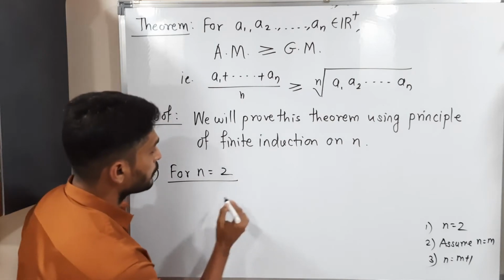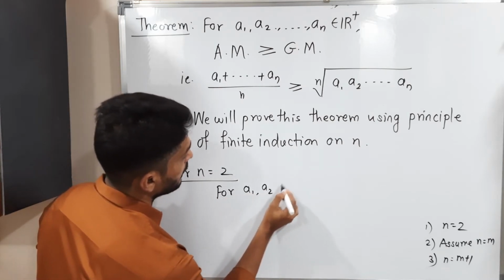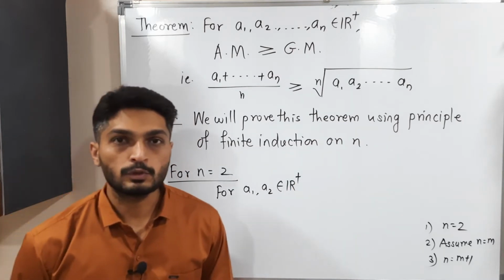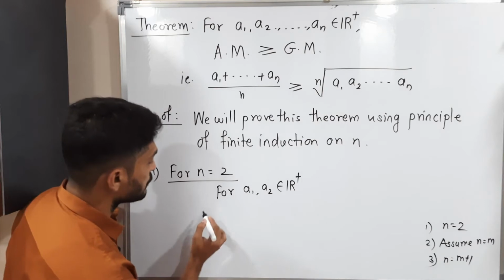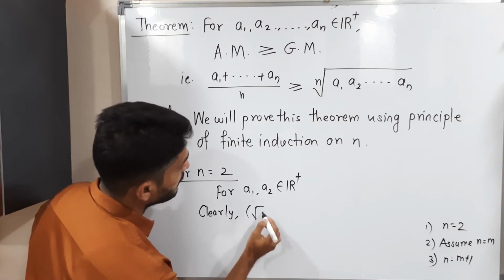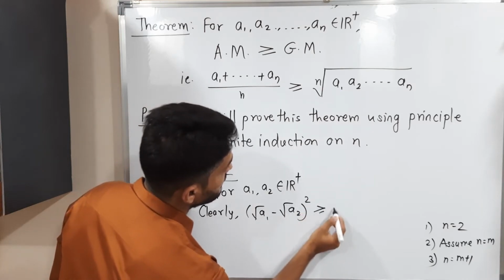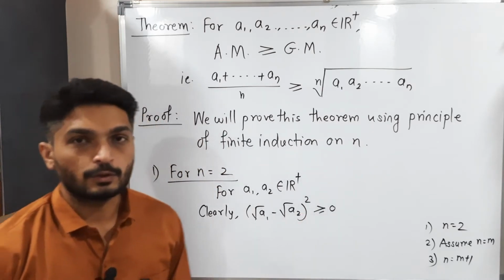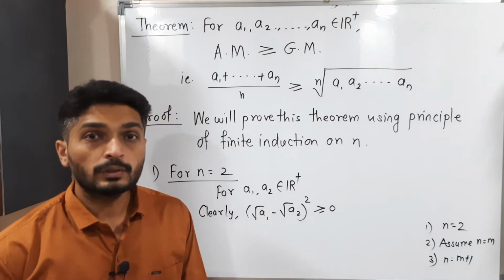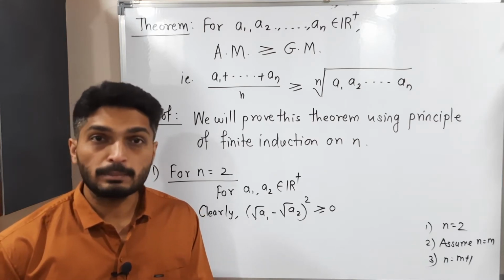So we will have 2 positive real numbers, a1, a2 belonging to R plus, positive real numbers. We know clearly that the square of any real number is always greater than or equal to 0. If you take the square, definitely it is greater than or equal to 0. So you know the bracket square formula, a minus b whole square equals a square minus 2ab plus b square.